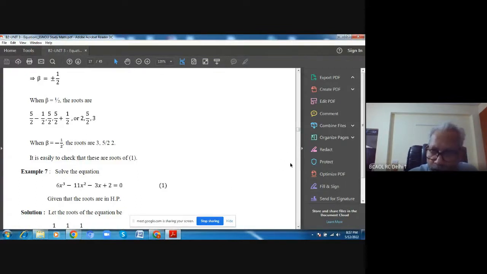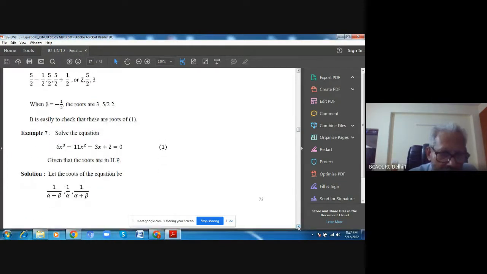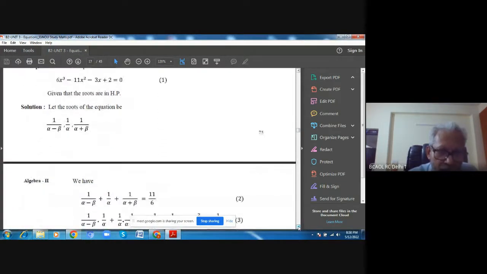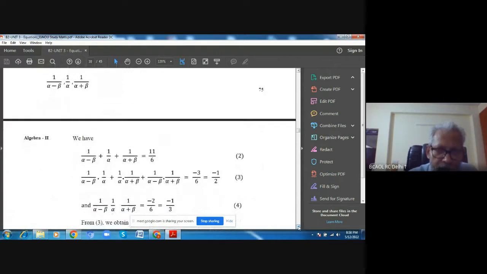So now we can calculate the things: 11 by 6, and then there is a plus. Okay, now the product of these things. In that case it is different: minus 3 by 6. Where is that coming from? It is from the equation only.